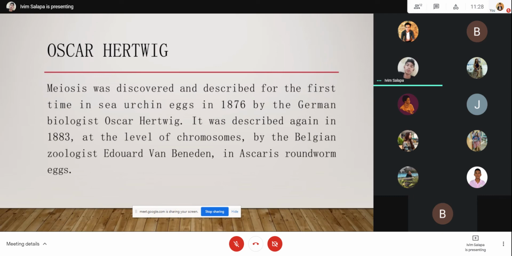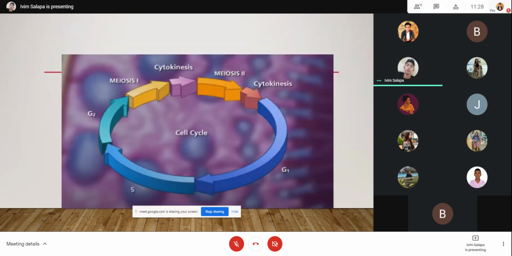Before we begin meiosis, the cell undergoes G1, and the S phase where DNA synthesis of the chromosomes occurs, and the G2 or gap 2 phase, then it begins meiosis. During the synthesis phase, the chromosomes or the DNA are duplicated, and also the centrioles are duplicated.